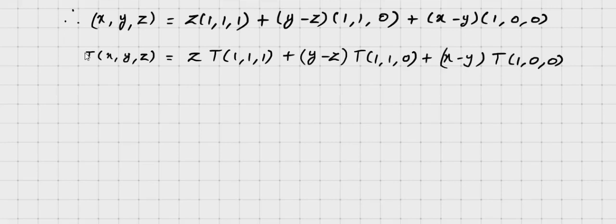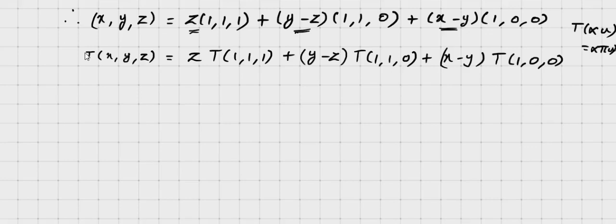See, keep in mind this z, y minus z and x minus y are scalars, that is alpha. Okay, they were alpha. We have the property. What is the property we have? T of alpha into u, u is the vector, equals alpha into T of u.